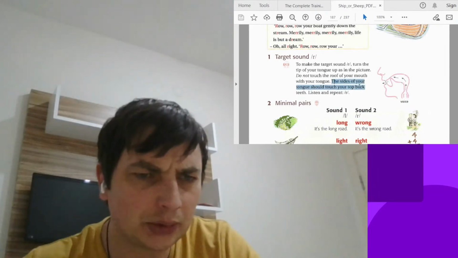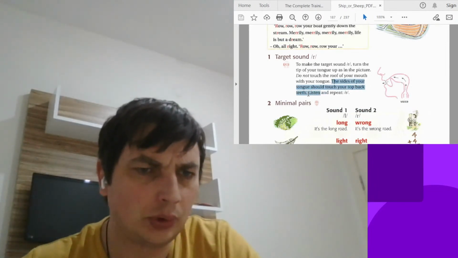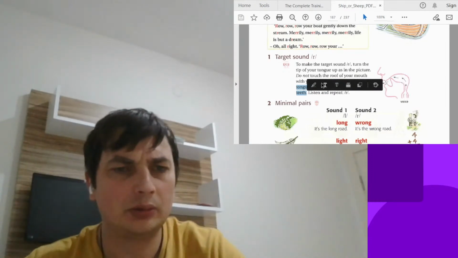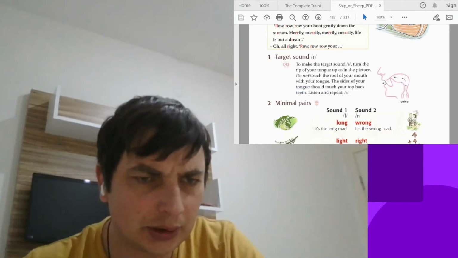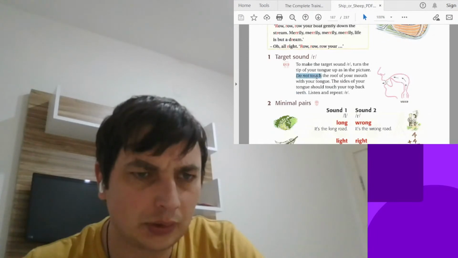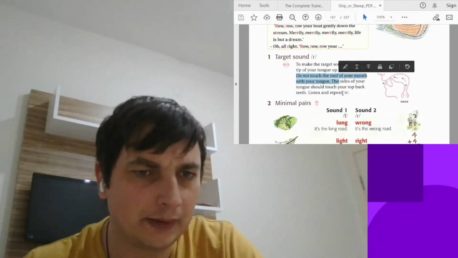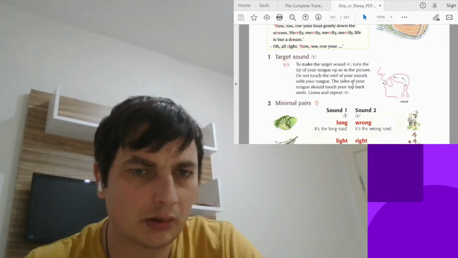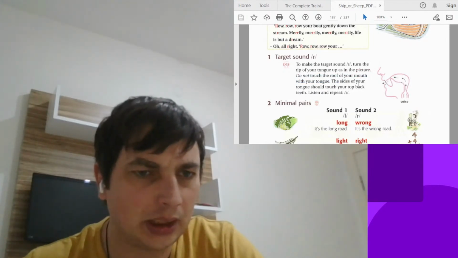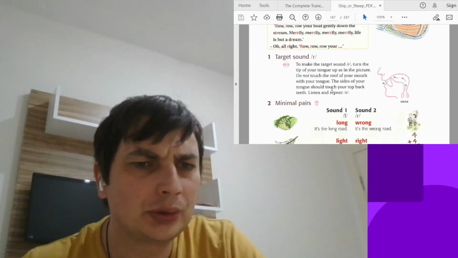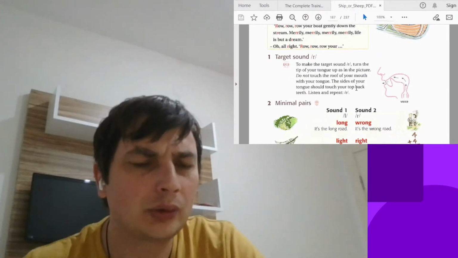What does it mean, the side of your tongue should... Don't, they told here, do not touch the roof of your mouth with your tongue. The side of your tongue should touch your top back teeth.